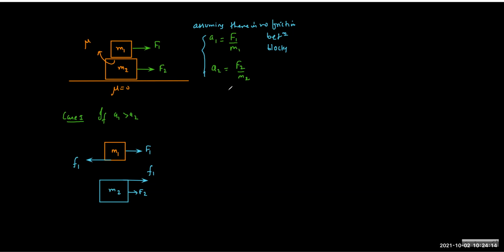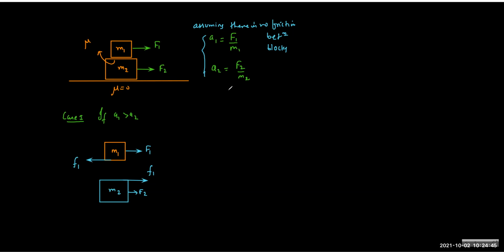In a problem of 2, 3, 4 or 10 blocks, what matters is the FBD, and for that you need to understand the concept of tendency of motion. For tendency, you need to think of the driving force for each object. Sometimes the driving force is the applied force, sometimes it is the developed one, because I am applying force on one object and others are waiting for their behavior to happen.